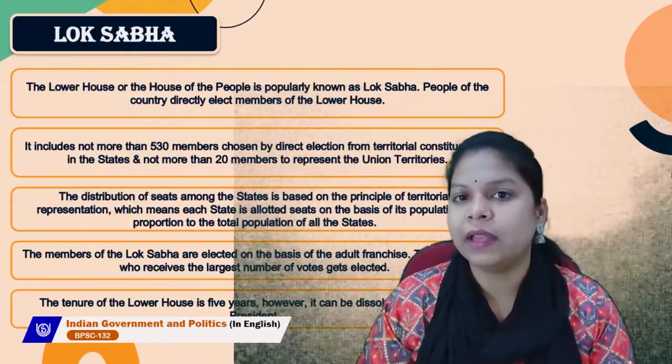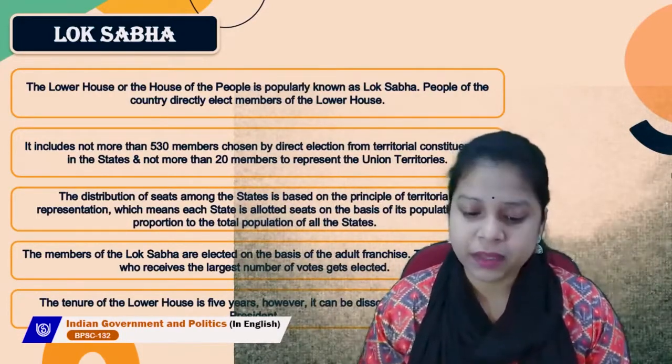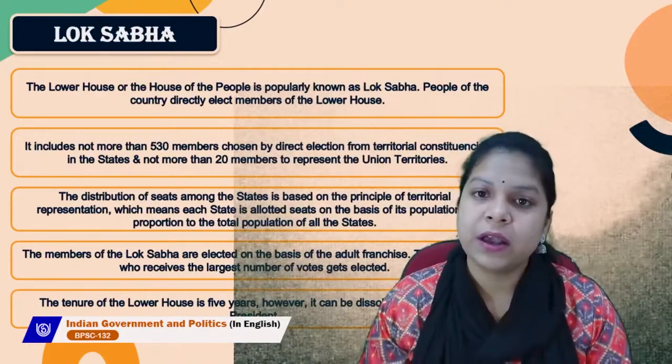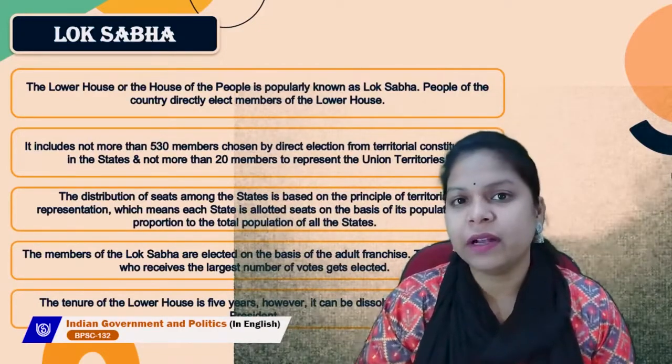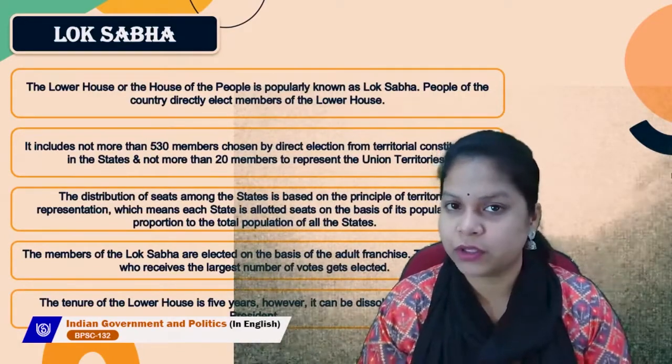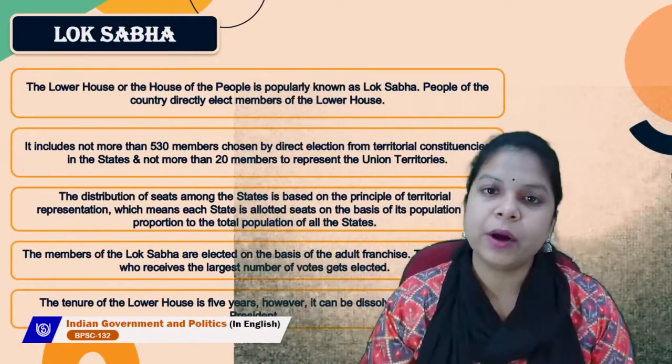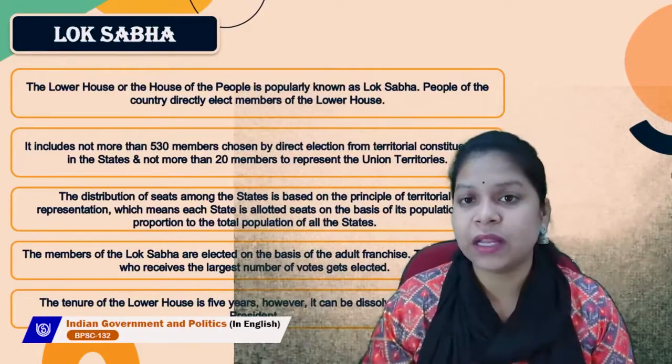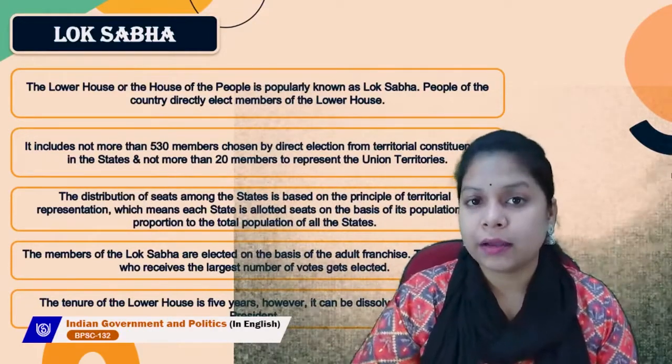So if a person living in South India has a vote that values one, anyone living in northeast India will also have the same value of his or her vote. So it is about universal adult franchise.